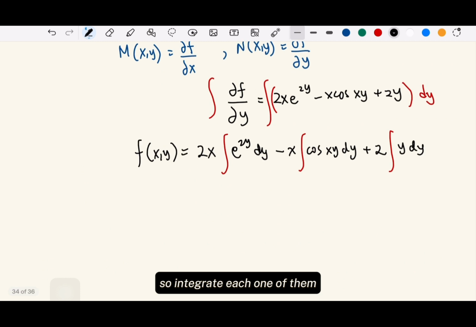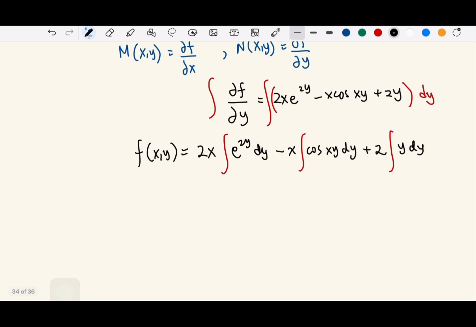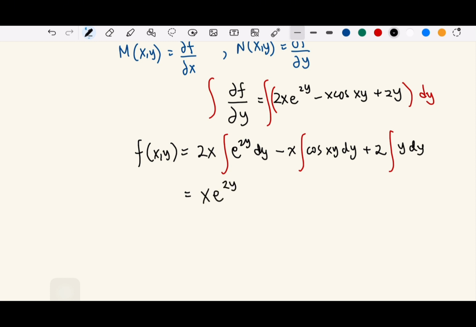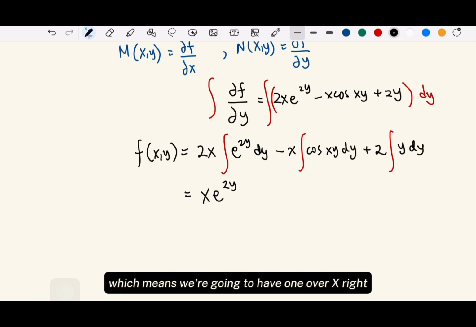So integrate each one of them. e to the power of 2y becomes 1 over 2 e, right? So we can cancel the 2 and we can write x e to the 2y. And then cosine xy, we integrate with respect to y, which means we're going to have 1 over x, right?